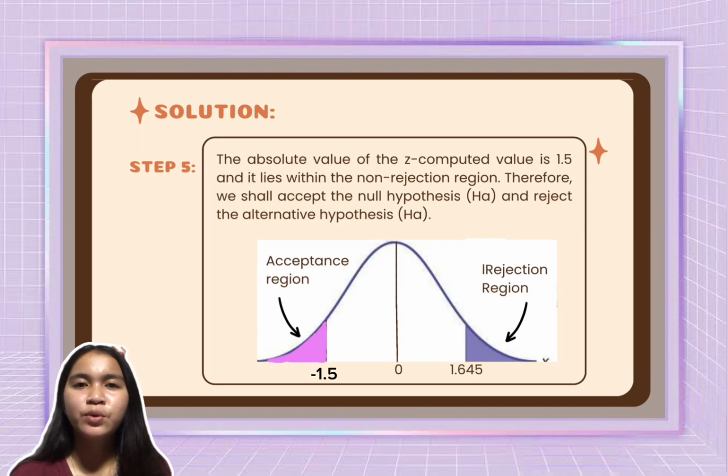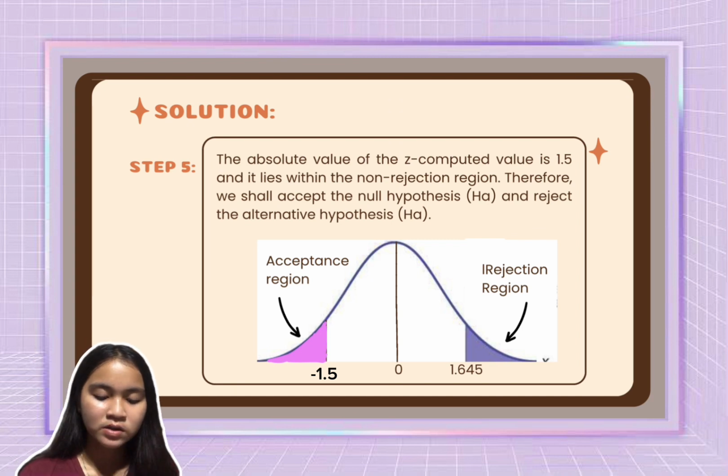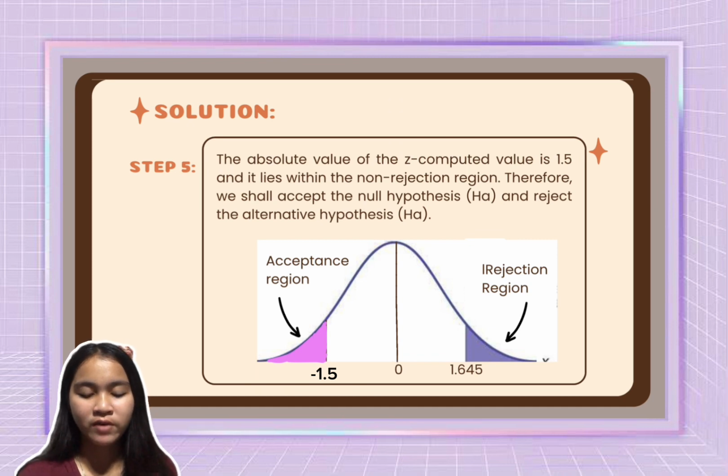And now after we know the critical value and the z computed value, we are going to proceed to step 5. So this one here in this picture, on the left side, is the z computed value, which is negative 1.5.